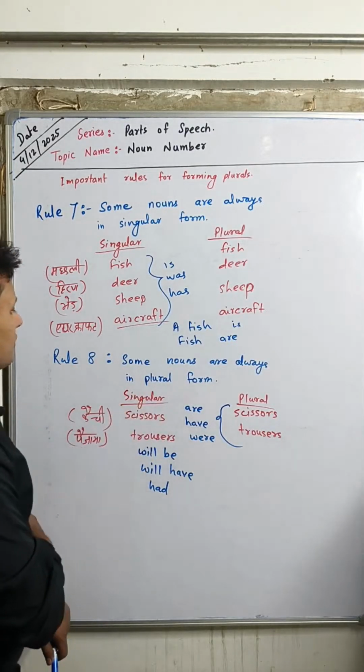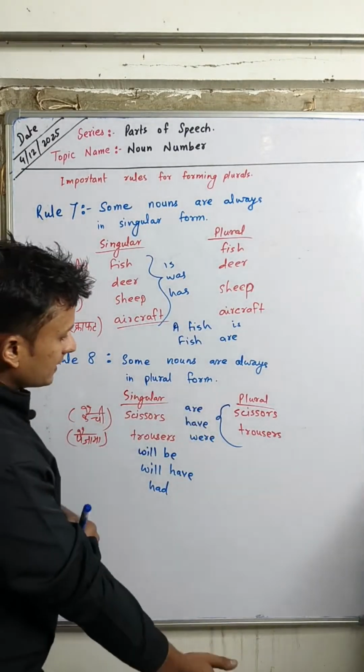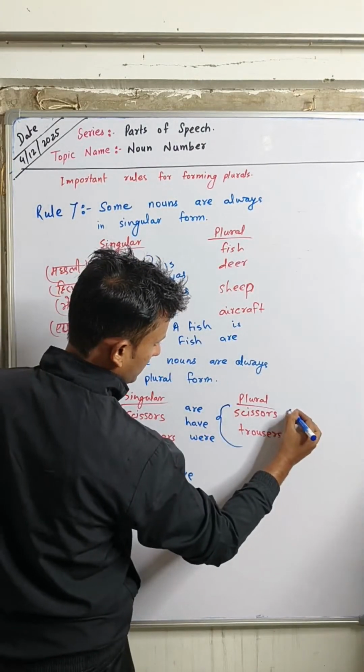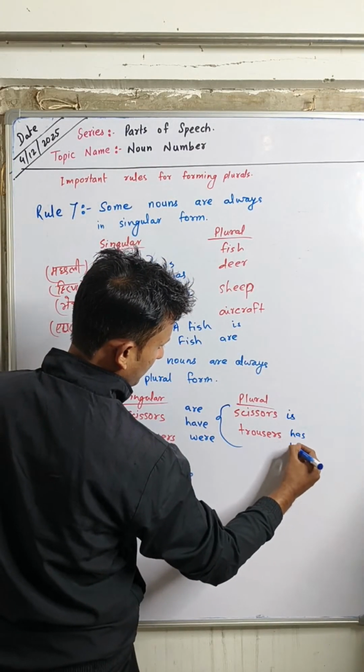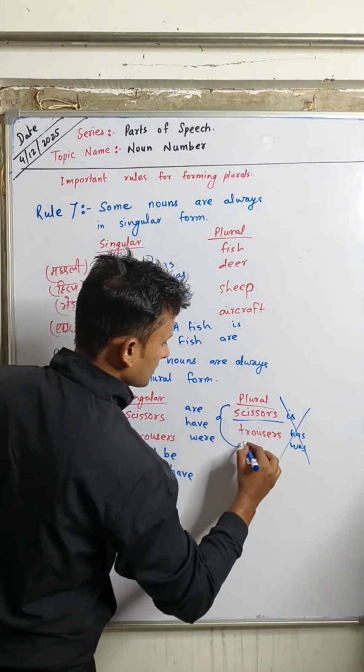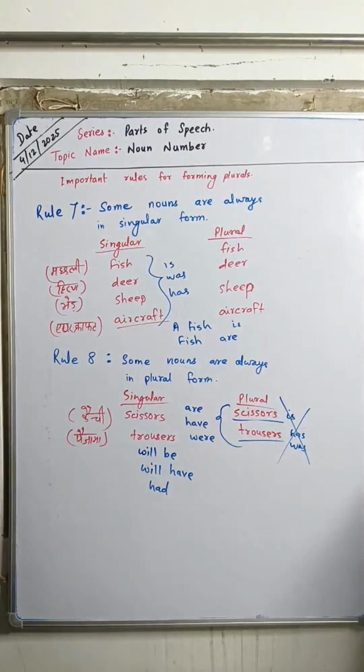But in rule number 8, these nouns are always considered plural, so you cannot use is, has or was with these nouns. So remember that while you are using scissors or trousers, you cannot use is, was, or has.